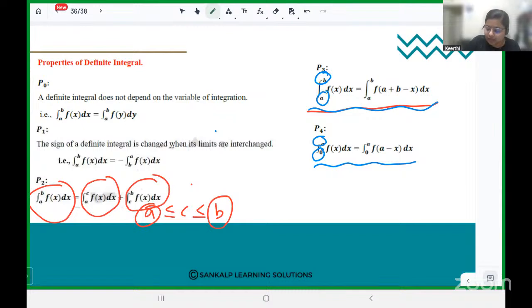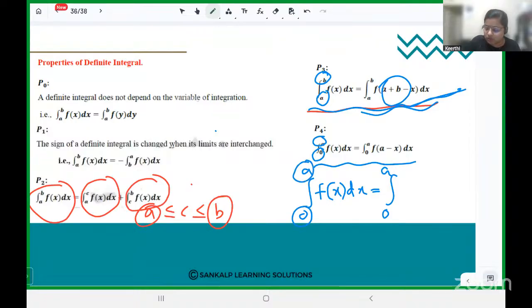According to this property we can write integral 0 to a f of x dx. How will you do it? This is the same as integral 0 to a f of upper limit plus lower limit minus x. Here the upper limit is a and the lower limit is 0. So this is equal to f of 0 plus a minus x into dx.